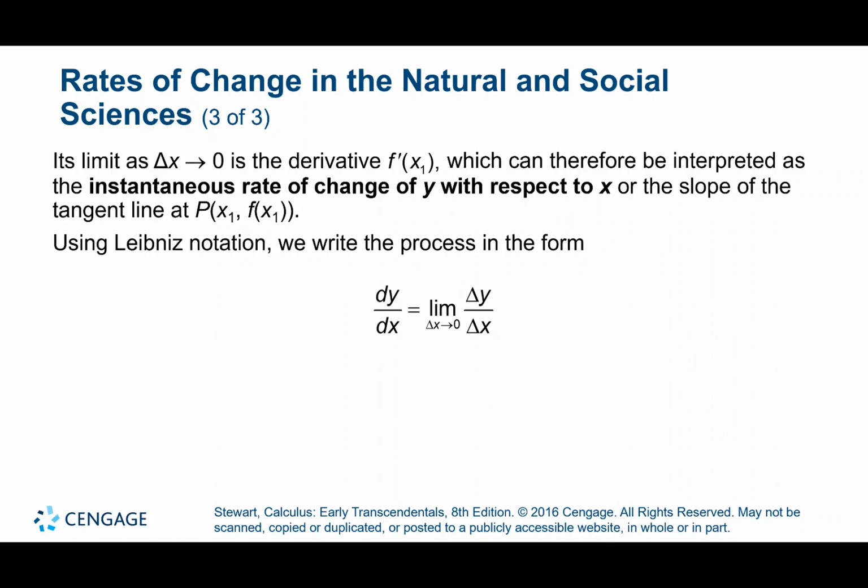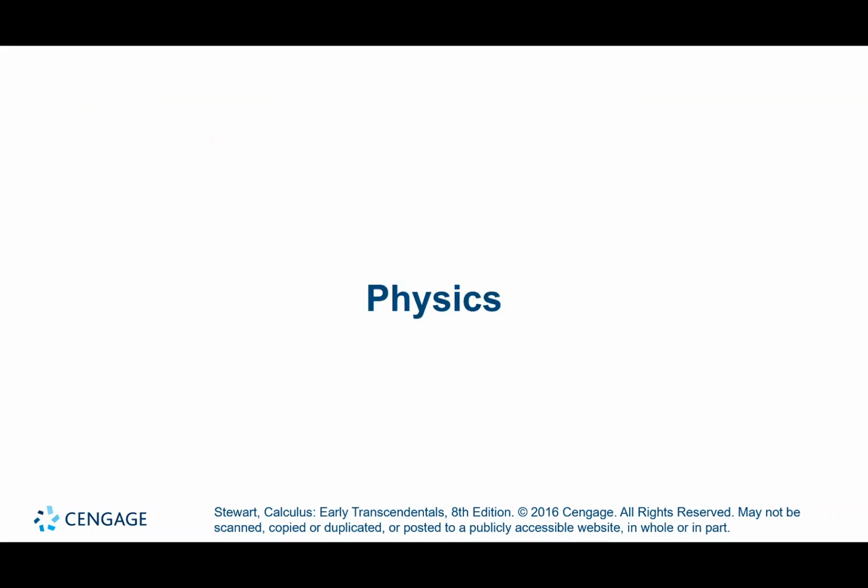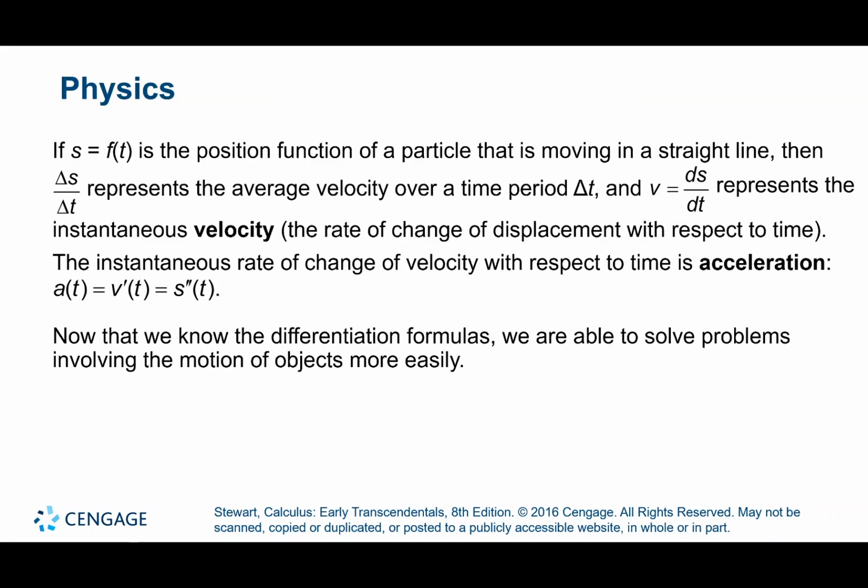Okay. We're just going to go through several different areas of study and look at how this gets used. First we've got physics, which is natural. That's really how calculus came about, to solve physics problems. So this is the one we're most familiar with already.